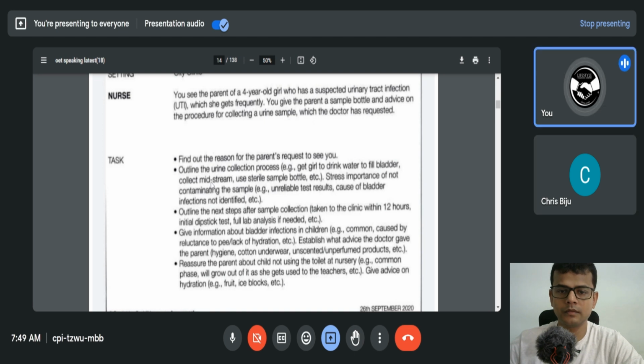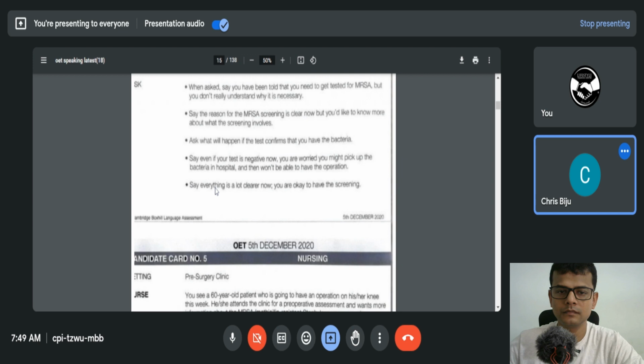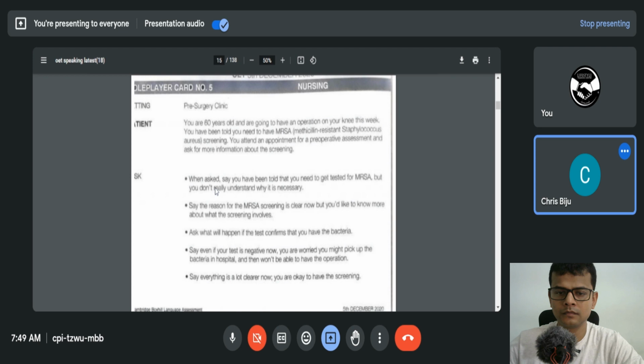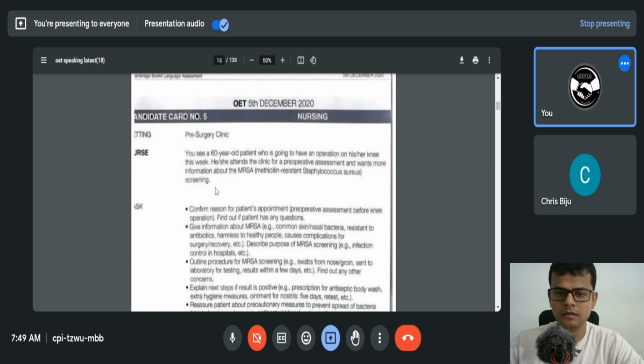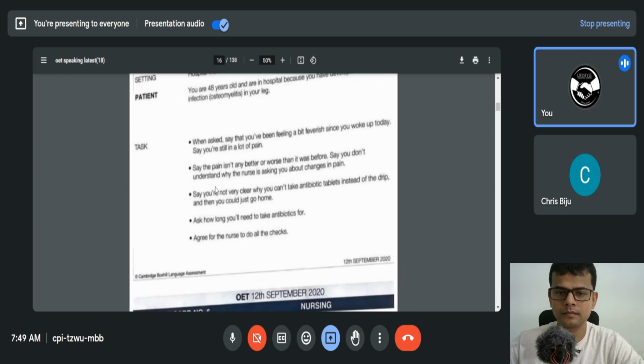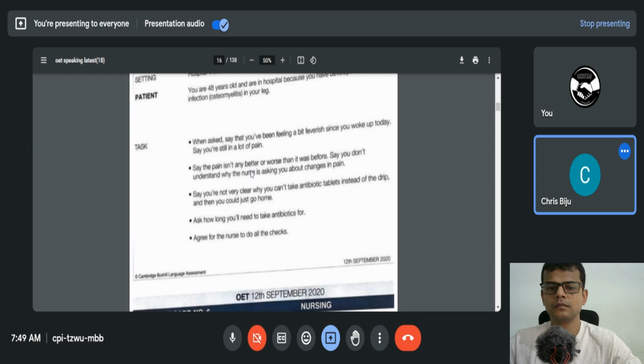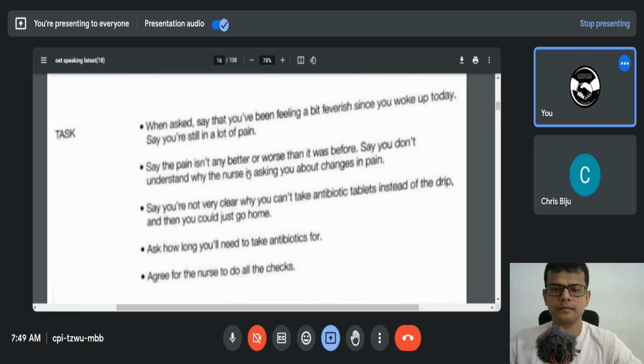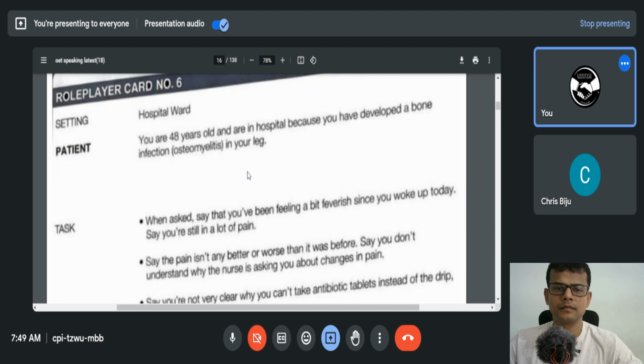Let's go to the next one. That we had done next. Okay, page number 16. Hospital ward.